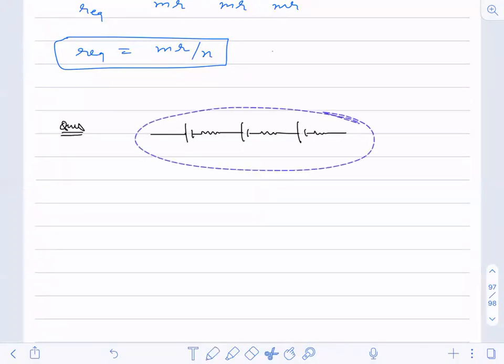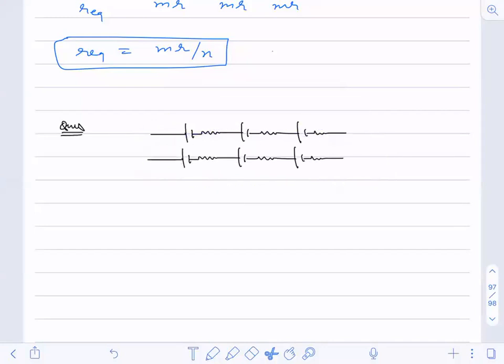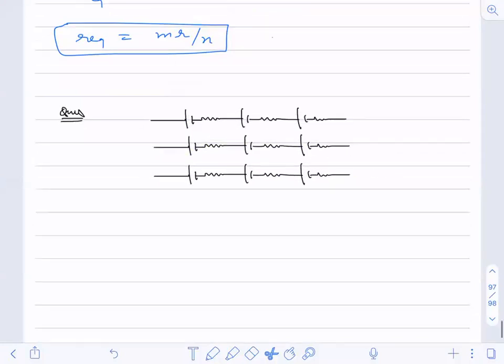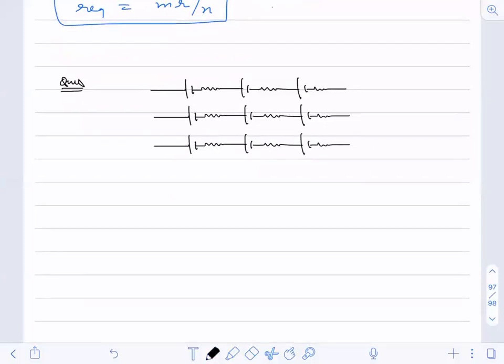Now, like this, you are having a total of 10 rows. You are having total 10 rows like this. And this is what I'm drawing now is the 10th row, the last row.